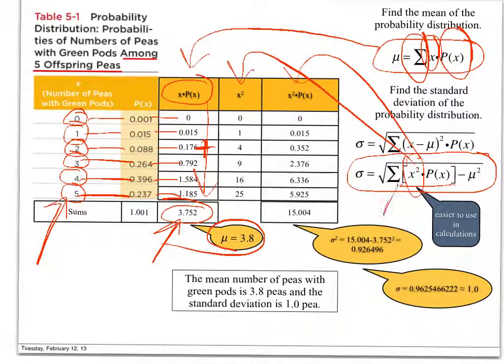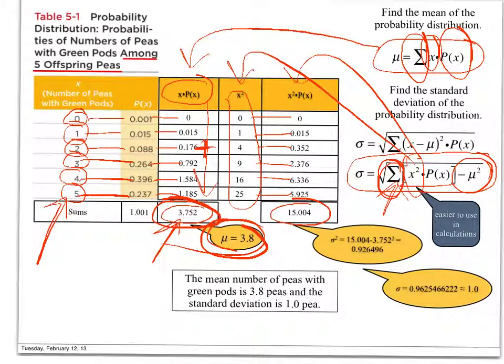And then you have to add those things together. So here's what I have. This column is the x squareds. Take each number in that column and multiply times its probability, and you'll get these numbers. Take all those numbers and add them together, and so I get 15.004. And then after you do that, you subtract the square of the mean, which you've already calculated as 3.8.